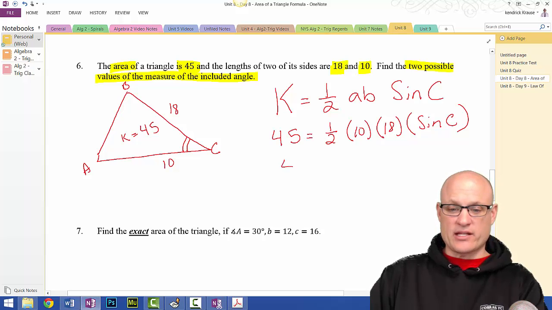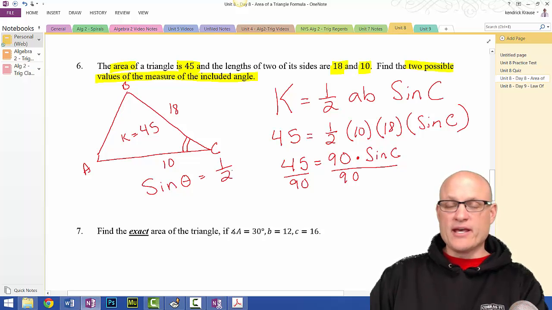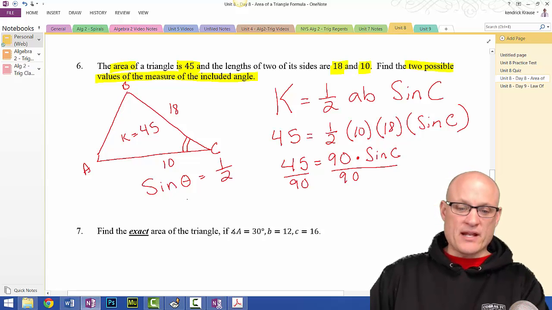And they did tell us that the area was 45. So 45 is equal to 90 times sine of C. I still need to solve for sine of C, so I'll divide by 90 and divide by 90. And hopefully you guys are all smart enough to realize that 45 divided by 90 is 1/2. And at this point of your life, you should know that theta has to equal 30 degrees.